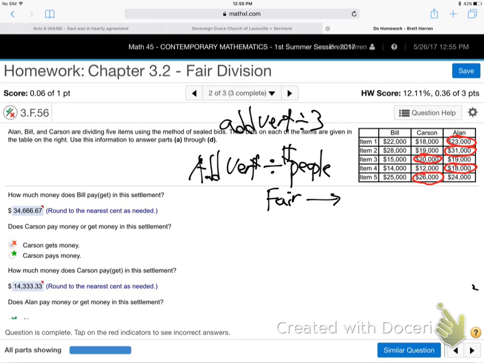I'm getting some terrible numbers. I don't even have room to write these things. All right, I'm going to have to move it way over here. So for fair share, I'm getting 34,666.67. That's what I got for the first one.